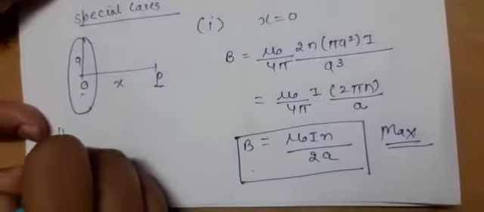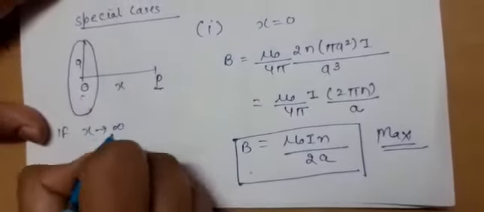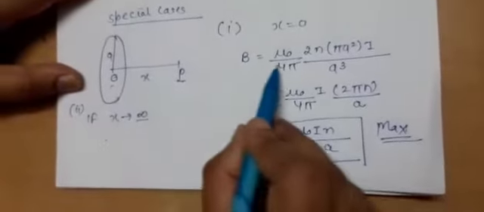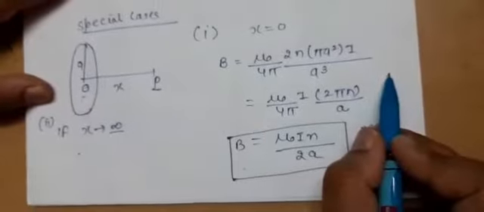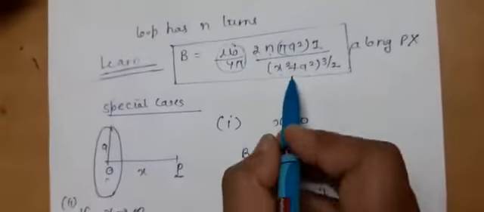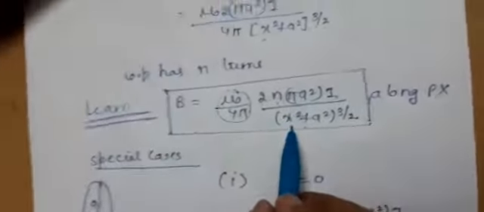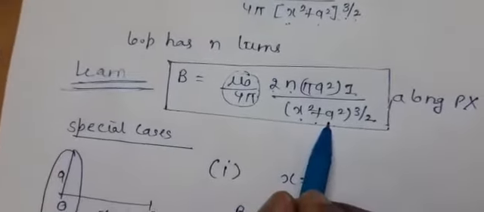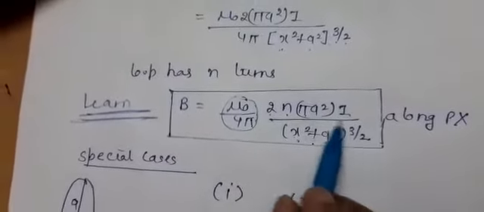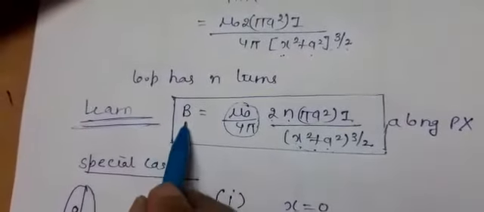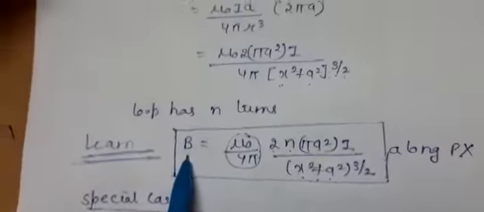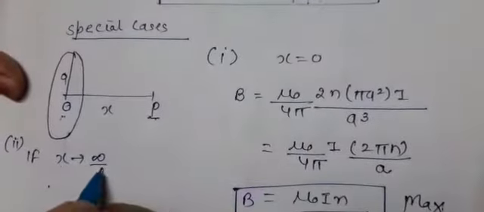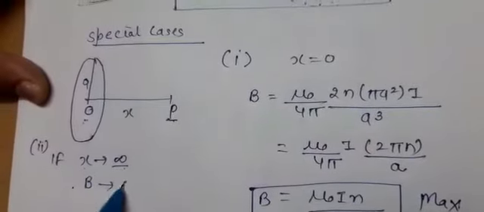But if we take x to be infinity, so at a very large distance, then as per this result, in the denominator x is infinity, and whatever the value of a, it is very small by comparison. So the magnetic field B will approach a negligibly small value, and if x is exactly infinity, then the magnetic field will be 0.